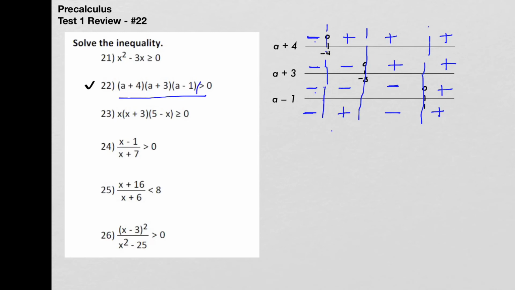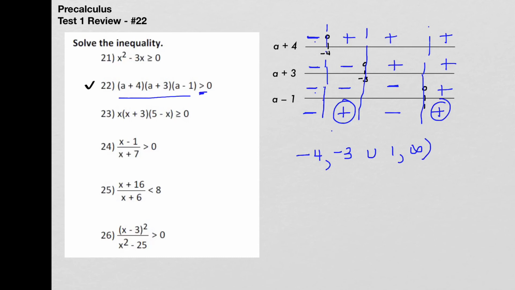And now, again, I go back to check to see what we're looking for in this particular problem. And we're looking for values that are greater than 0, so those are positive numbers. So we're going to use these two intervals, and I'm going to start at -4 and go to -3, and then from 1 to infinity.